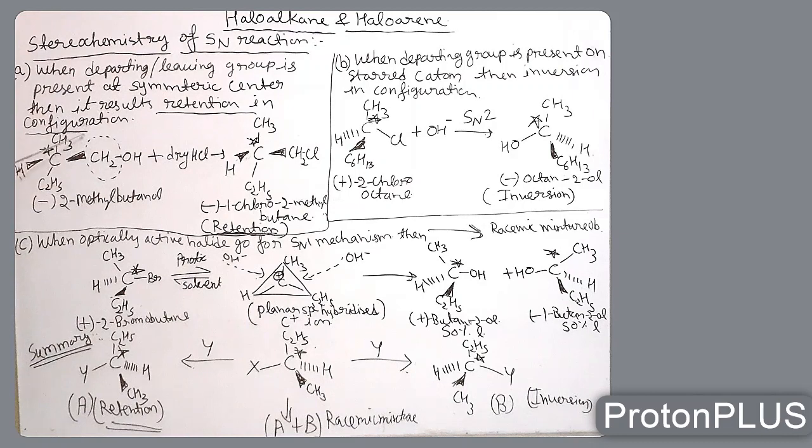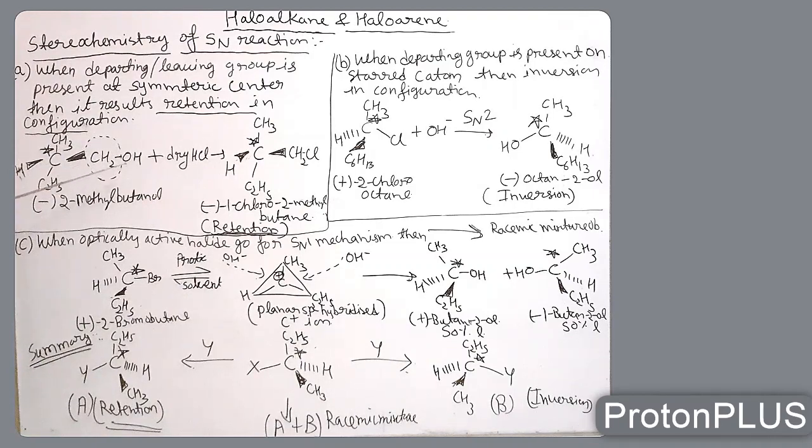Now the second carbon that we have circled is our symmetric carbon atom. Two hydrogen atoms are there, so this carbon atom is symmetric. This is the OH group, that is the departing group. When this is treated with dry HCl, the OH group departs from the symmetric carbon atom.